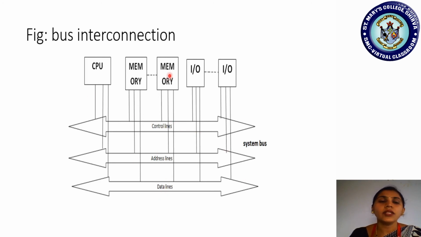All the components, CPU, memory, input and output, are connected with all three lines. This diagram is very important. Make sure you understand these concepts very well and prepare notes for this. If you are unable to understand, let me revise this topic in the next class.